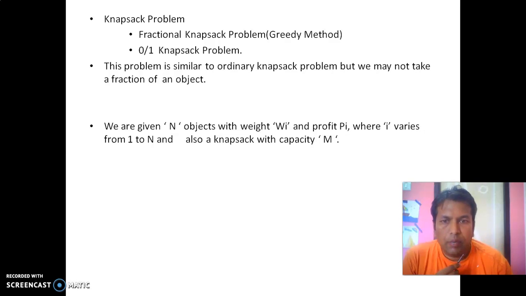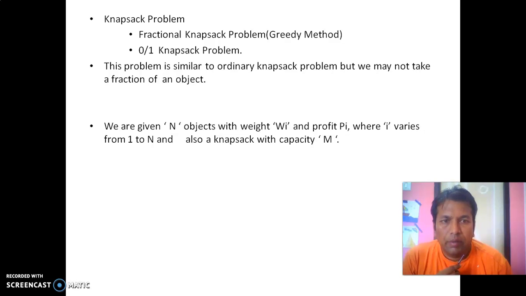Here the problem statement is generally given with n objects. The weight of each object is represented as wi, and the profit of that object is given as pi.